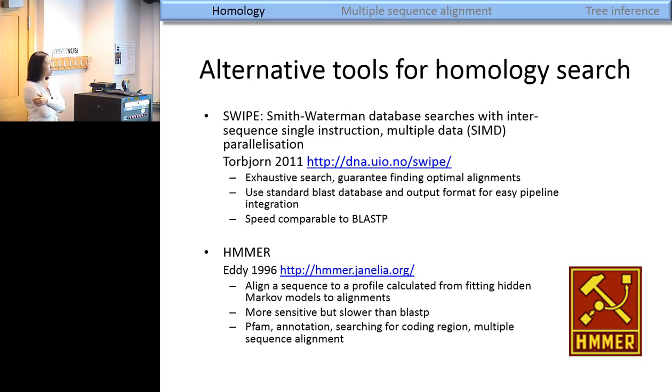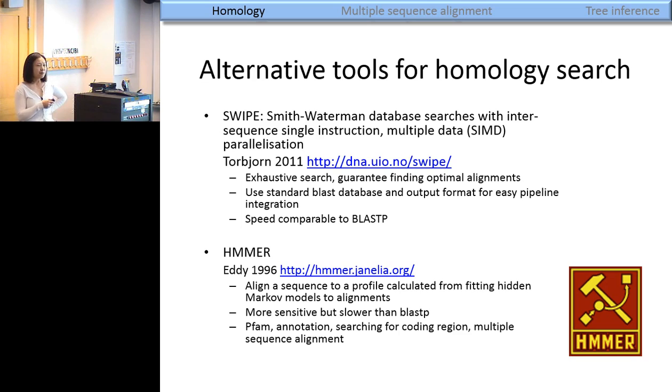SWIPE finds quite a bit more hits, and it's generally more exhaustive. That's why some of the large-scale orthology inference methods have been switching to SWIPE in some of the recent updates. So yeah, it's a very easy pipeline substitution. So you can always try it out.